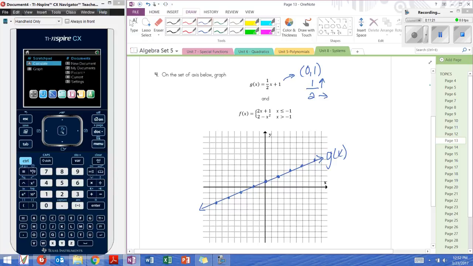Okay, now I need to graph f of x. So f of x is a piecewise function of a line, 2x plus 1, and a quadratic, 2 minus x squared. I'm going to graph 2x plus 1 first. So let's graph that piece.